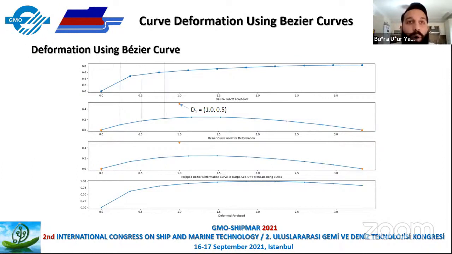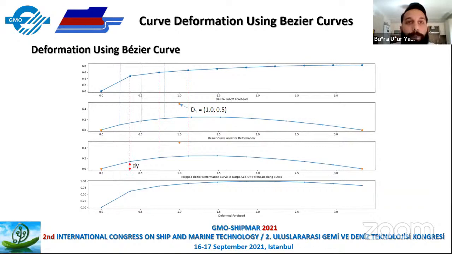As it can be observed with the blue dotted lines, X coordinates of the Bezier curve and initial DARPA Suboff forebody are not aligned with each other. Therefore, the first thing is to create a mapping function in order to make them aligned in the X coordinate system. After using a mapping system, one can easily observe that X coordinates of all points in the first and third plot are perfectly matched.